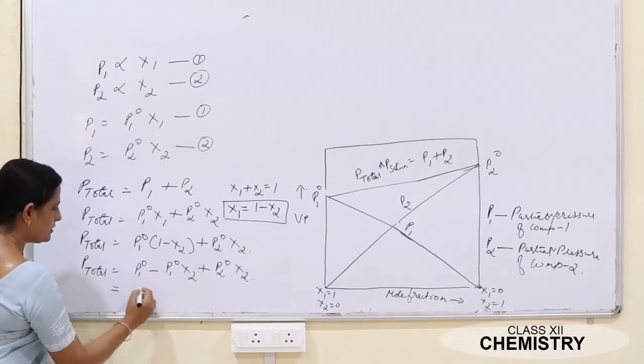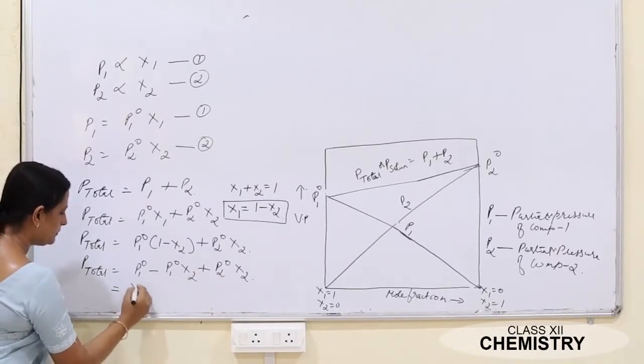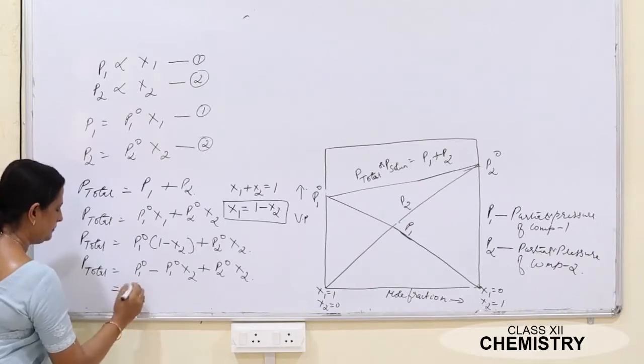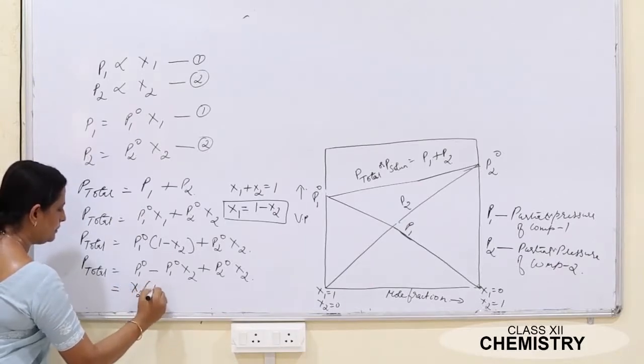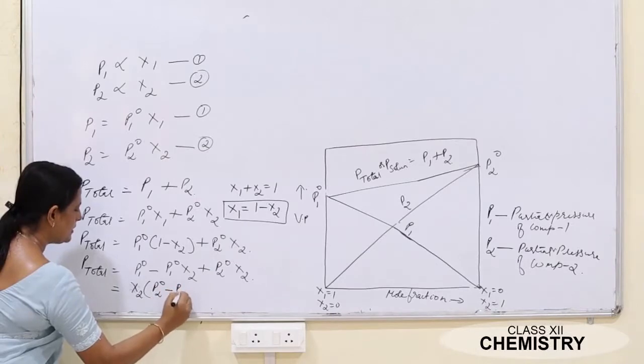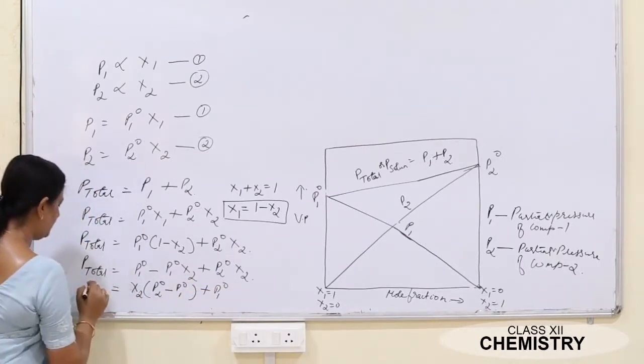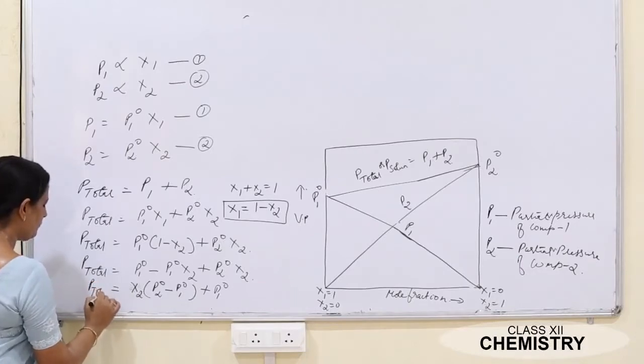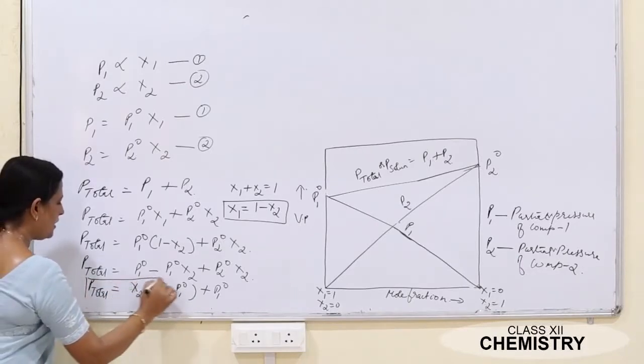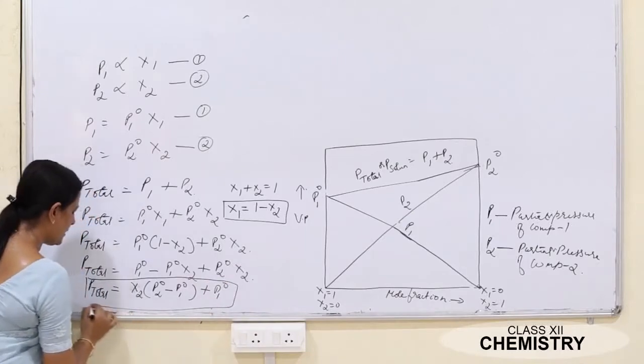Or you can write what? x2 you can take as common: x2 into P2 naught minus P1 naught, plus P1 naught. So this is the expression for the total vapor pressure of the solution.